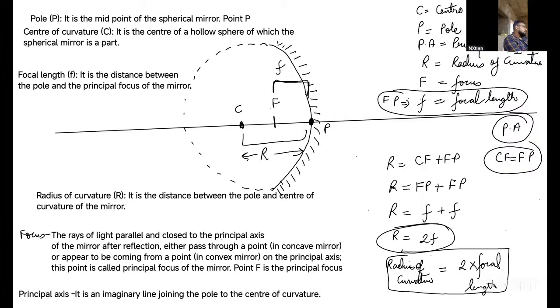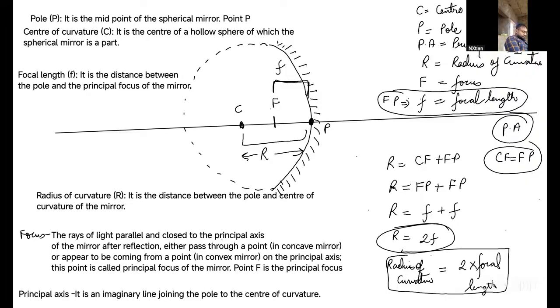Okay, so that is all we learned. Now write one question, everyone. If the focal length of a spherical reflecting surface is 2.75 centimeter, find the radius of curvature.